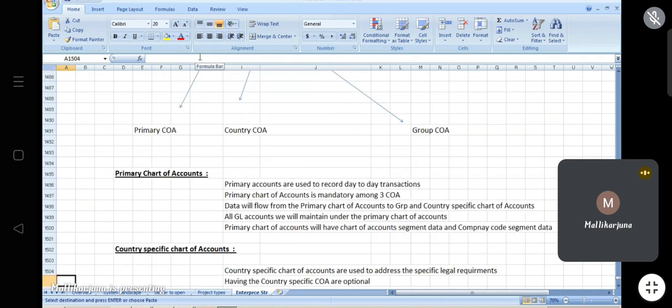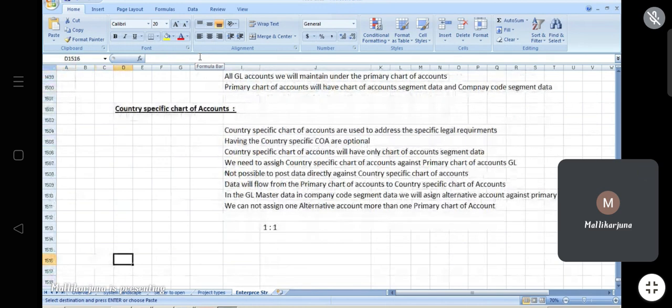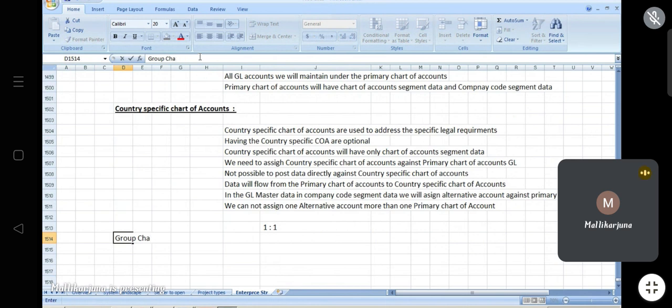Similarly, we will understand the group chart of accounts. Group chart of accounts are used for consolidation purpose.